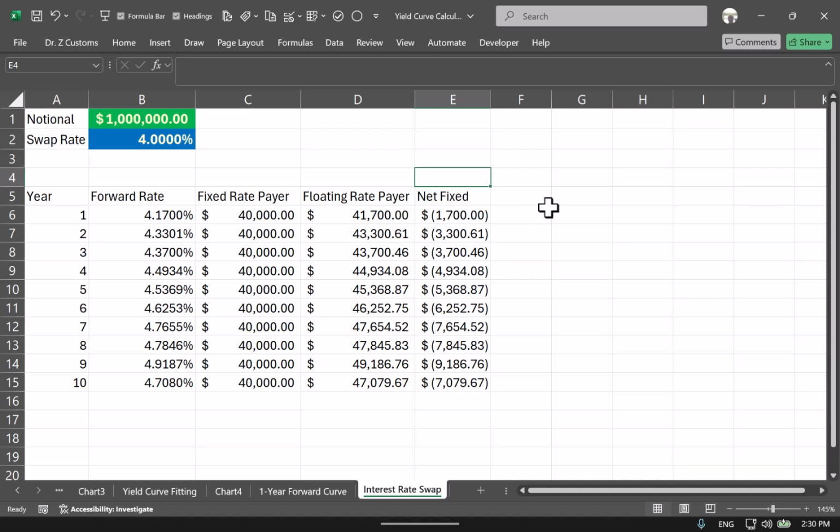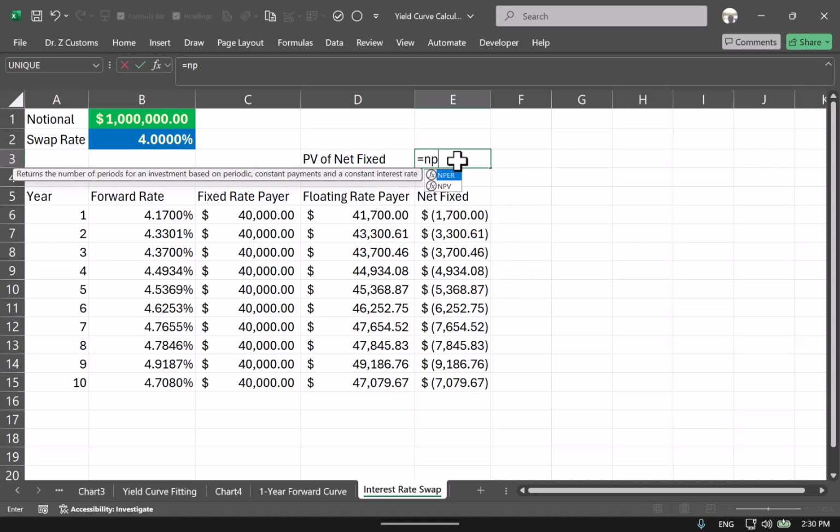And present value of net fixed, NPV function, which calculates present value of stream of cash flows that starts with the year 1, but you discount it at the swap rate.